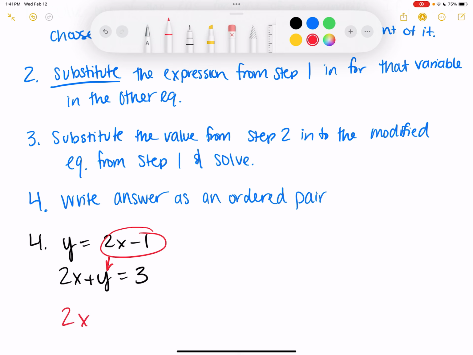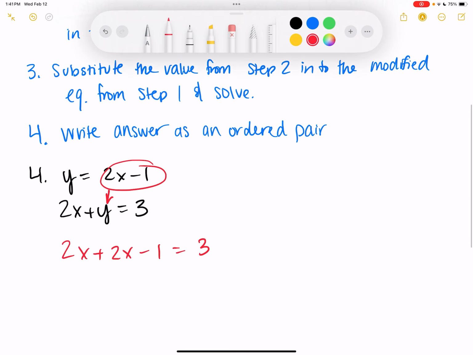So I have 2x plus 2x minus 1 equals 3. Notice there's only one variable now in that equation. So I get 4x minus 1 equals 3, 4x equals 4, so x equals 1.